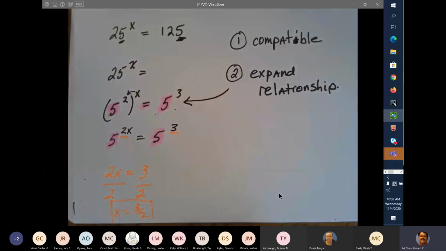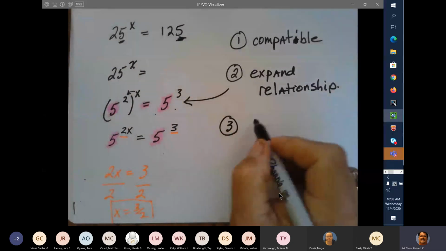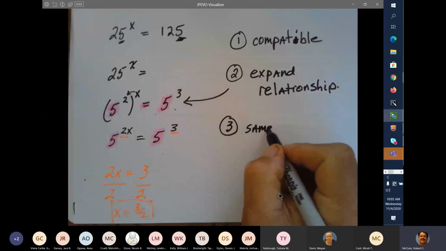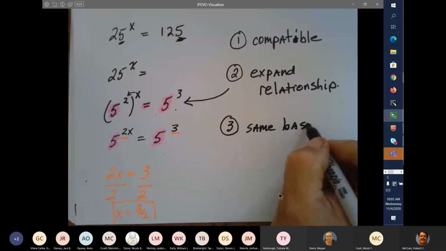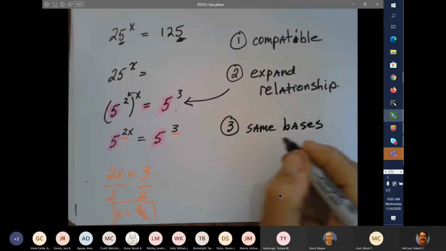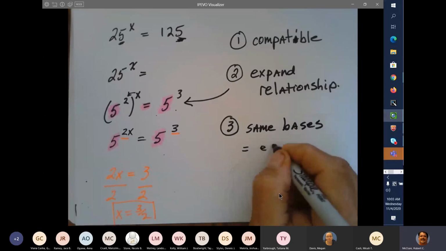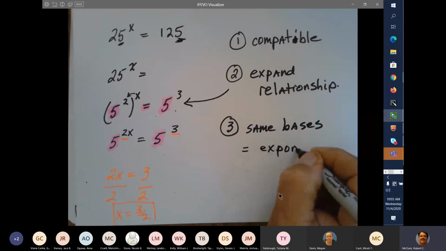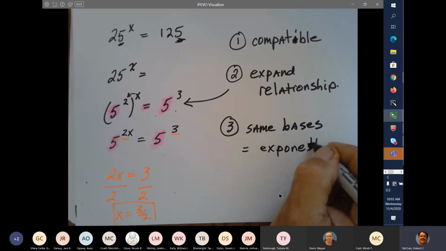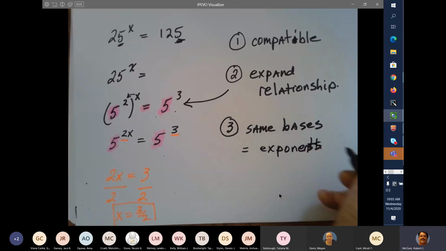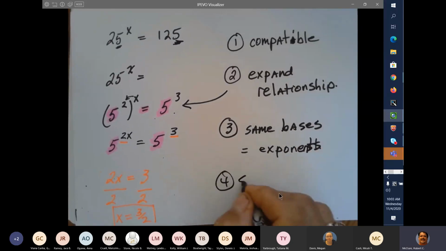And then you're going to see same bases, equal exponents. And of course, you'll hit solve after that.